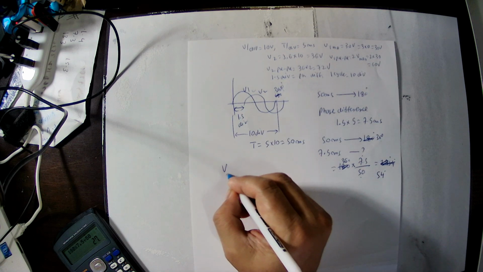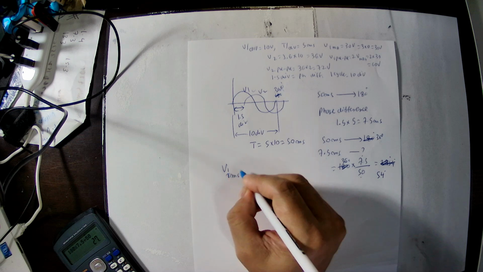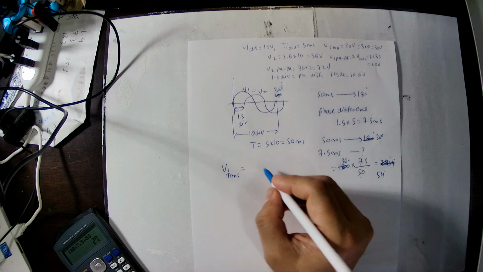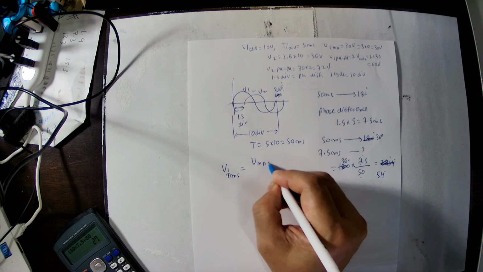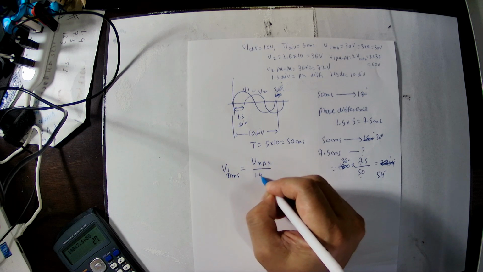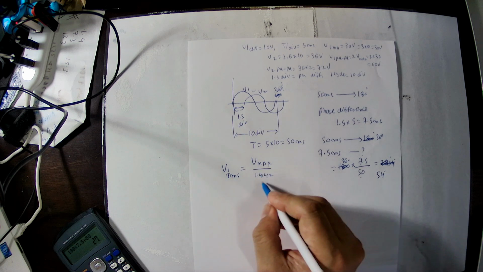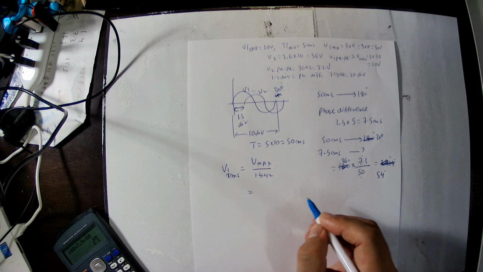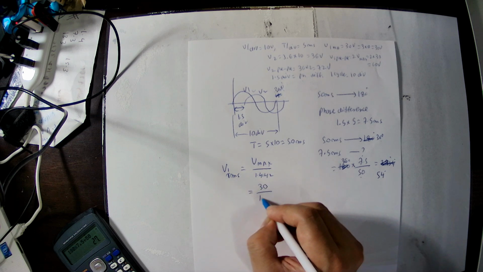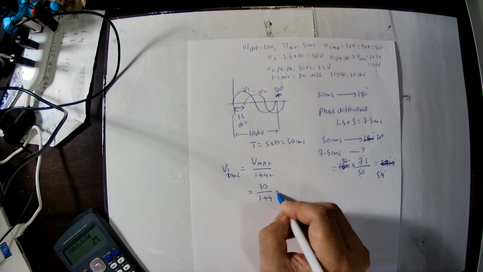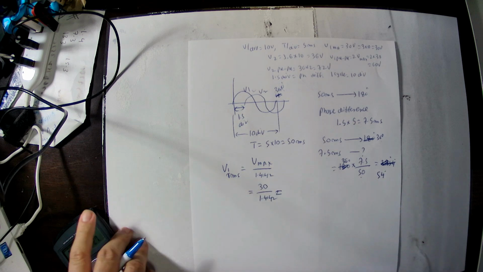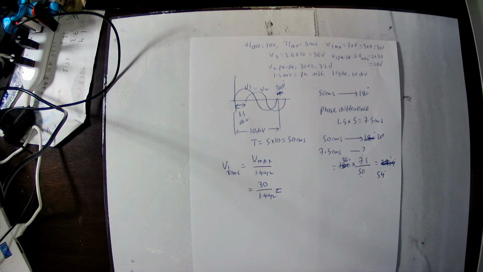So V1 RMS is V maximum divided by 1.4142, or root 2. The V1 maximum is 30, divided by 1.4142, so you get 21.24.